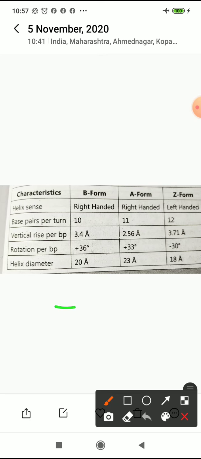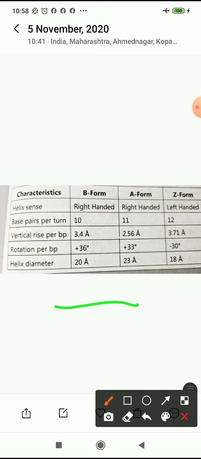Here you can see some conditions under which B form or A form or Z form can form. So B form is observed under 92% relative humidity and low ionic strength of the solution.